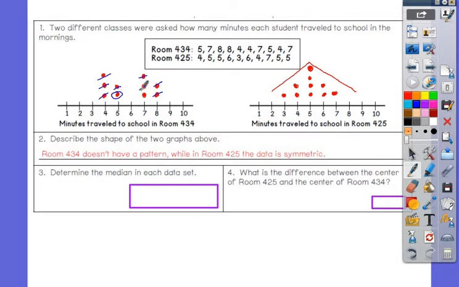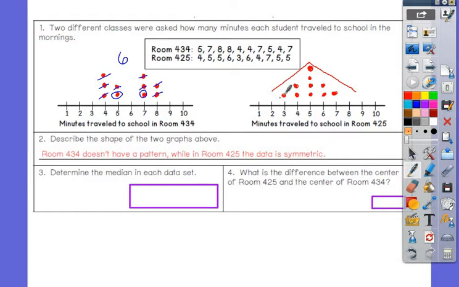So I see my middle number is a 5 and a 7. So I have 2 left in the middle. So I have to take the mean of those. So 5 plus 7 is 12. 12 divided by 2 is 6. So the median of this data is 6.